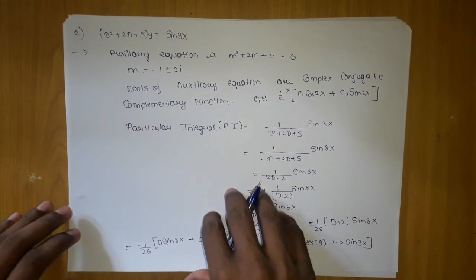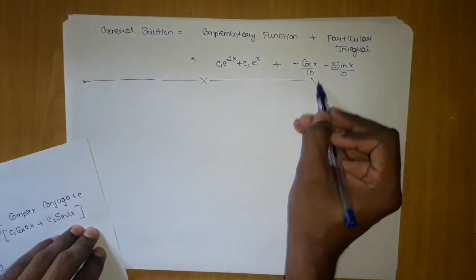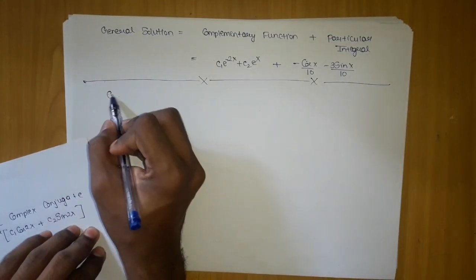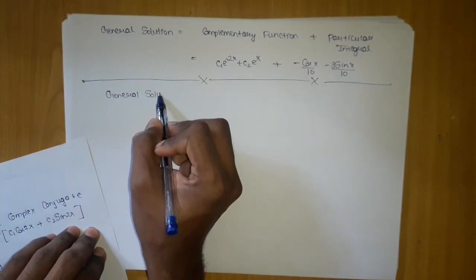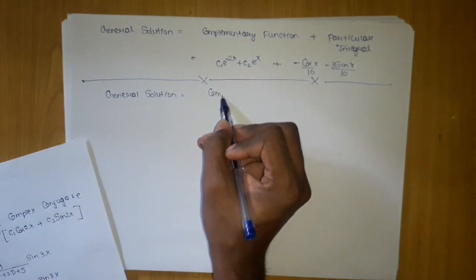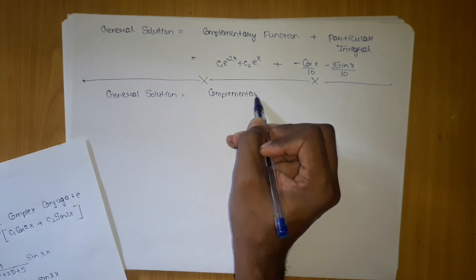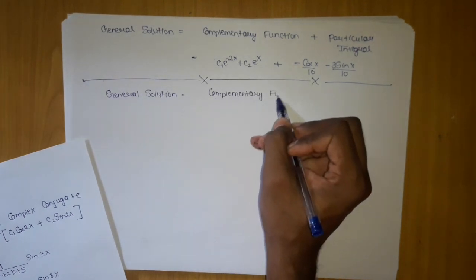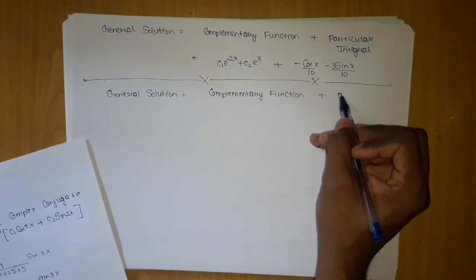Now let's write the general solution. This was the previous problem, we are going to continue here only. So general solution is nothing but a combination of complementary function plus particular integral.